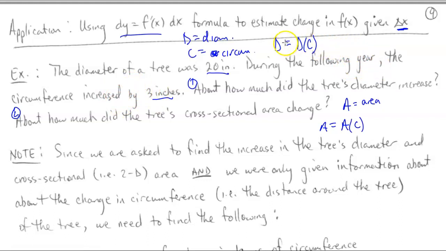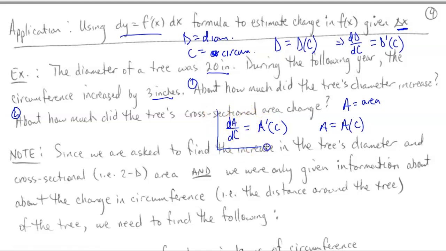And so once we can find diameter as a function of circumference and A as a function of circumference, then of course the derivative of diameter with respect to circumference is just going to be D prime of C. And similarly here, the derivative of area with respect to circumference is going to be A prime of C. And so our goal here is to see how diameter and circumference are going to relate to each other, how area and circumference are going to relate to each other, so that we can come up with these formulas here.